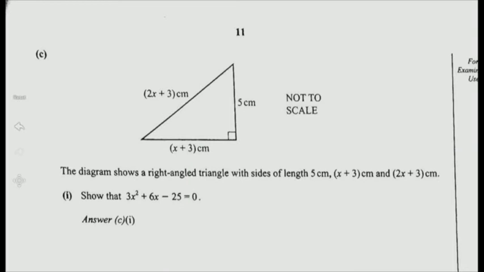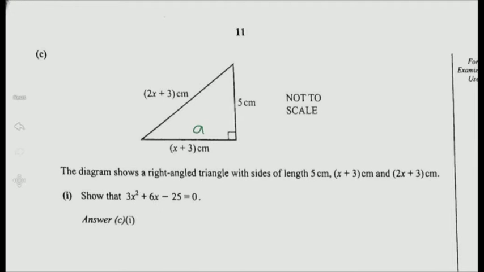A right-angled triangle will always satisfy the rule of Pythagoras. The rule of Pythagoras is that the square of the longer side is always equal to the sum of the squares of the 2 shorter sides in that triangle.